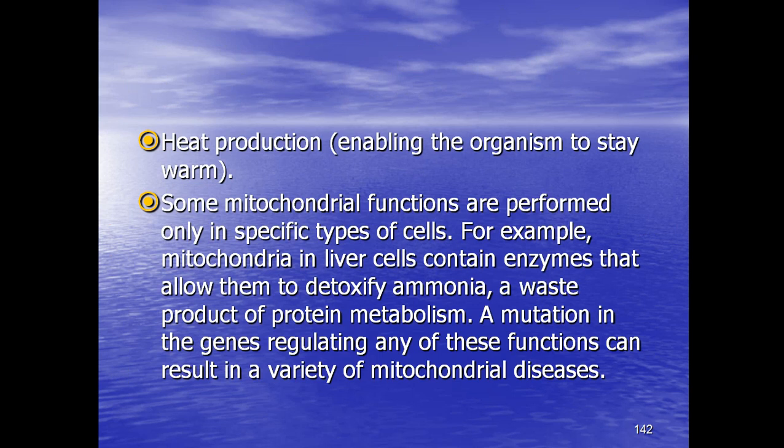For example, the mitochondria in the liver cell contain enzymes that allow them to detoxify ammonia. Especially in the liver cells, the detoxification process takes place. For the detoxification of ammonia, this mitochondria is essential. Ammonia is formed as a result of protein metabolism.